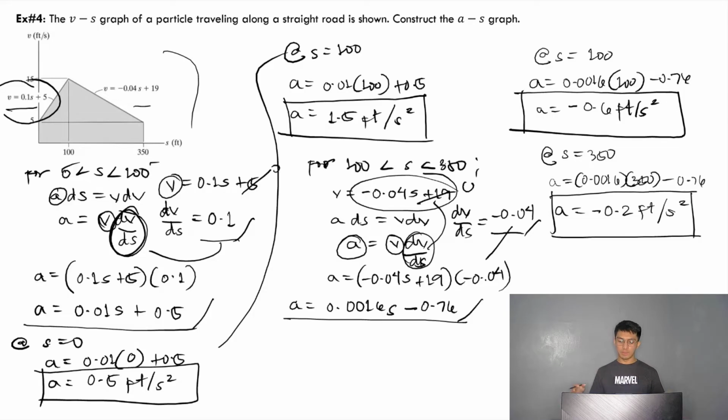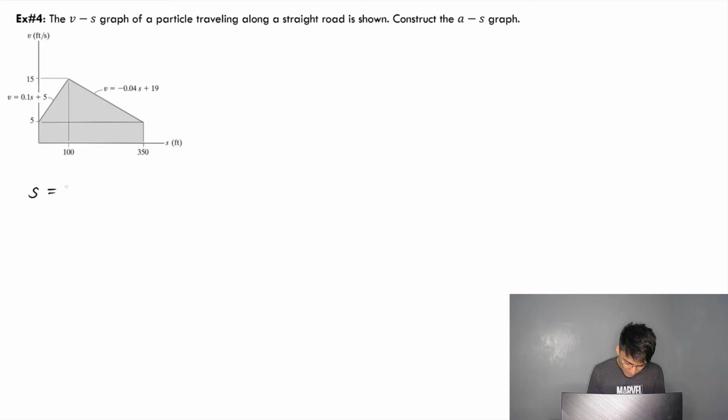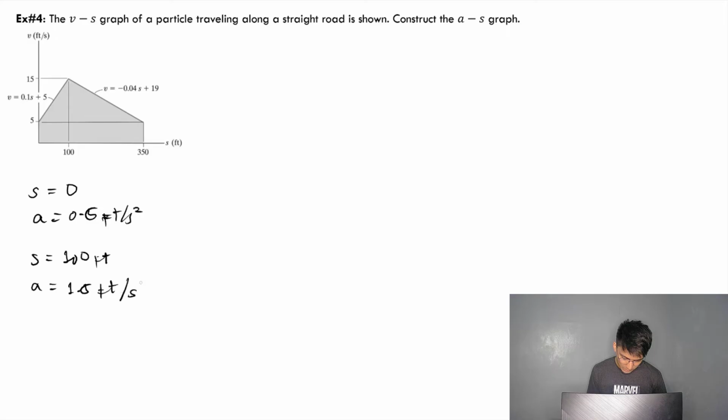Alam na natin lahat ng points ng acceleration, and of course, alam na rin natin yung lahat ng points for the position. We can now create the a-s graph. So for the a-s graph, lipat na tayo sa kabila. When the position is at 0, ang ating acceleration ay 0.5 feet per second square. Kapag yung position naman natin ay at 100 sa unang motion, we have acceleration of 1.5 feet per second square.